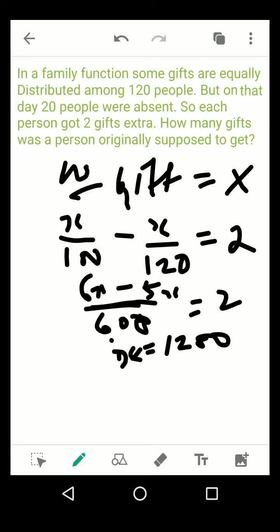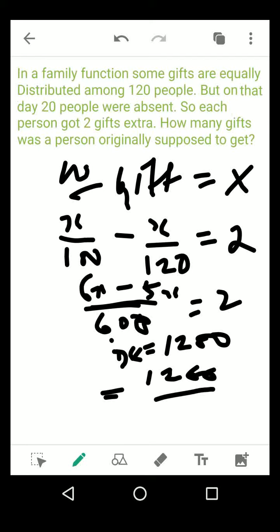So x is 1200, that is the number of gifts. They asked how many gifts was a person originally supposed to get. That will be the total number of gifts divided by the total number of people. The total number of gifts is 1200.